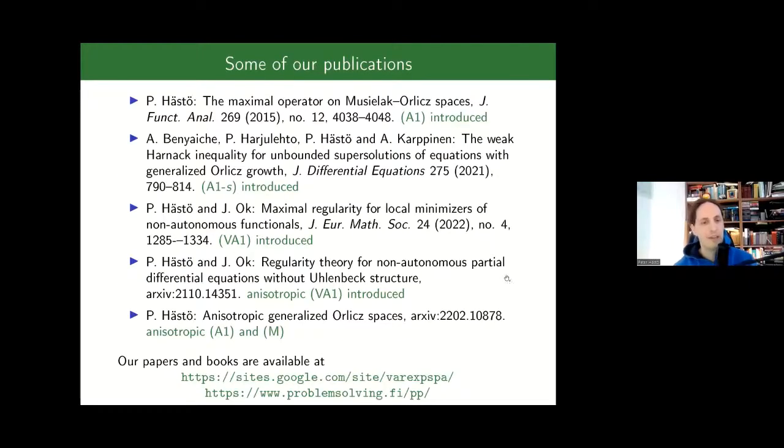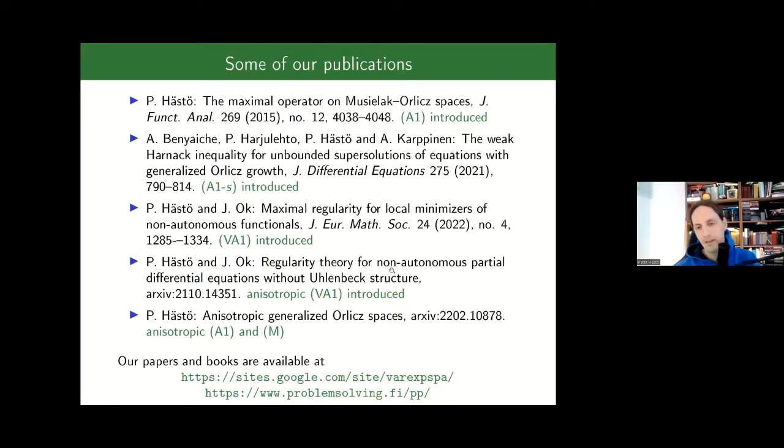Okay, so here on the last slide are the papers in more detail. These are now not in alphabetical order, but rather in a kind of logical order. So first, this A1 was introduced. In the second paper, this A1S was introduced. Then the VA1 was introduced to study the maximal regularity.